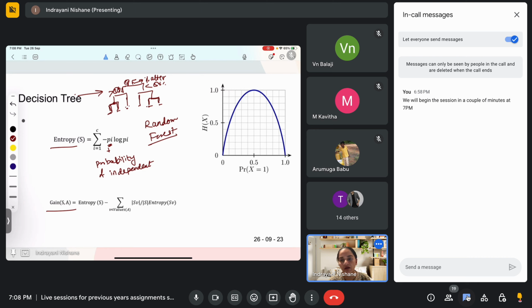So carry your scientific calculators with you, where you can calculate the log, and this log is always calculated to the base of the number of classes. So if pass and fail are two classes, it will be log to the base 2. This is also explained very nicely in the lectures.